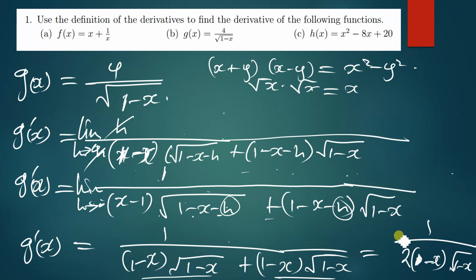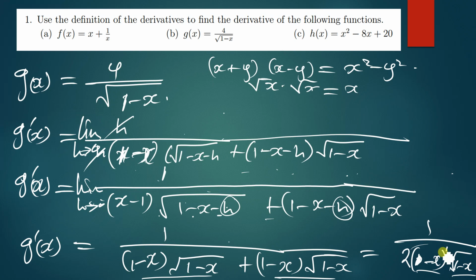Yeah, so this is what it means. If you want, you can simplify this further, or you can leave it like this. The answer will still be the same. You can simplify by combining this and that, because when you're multiplying numbers with the same base, you always add the power. The power here is 1. The power on this other 1 minus x is half.